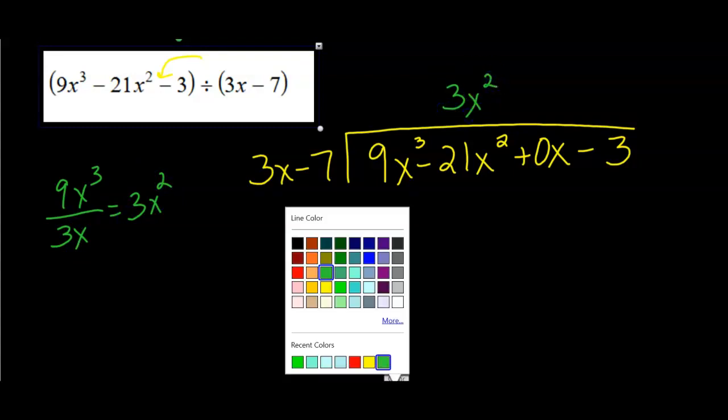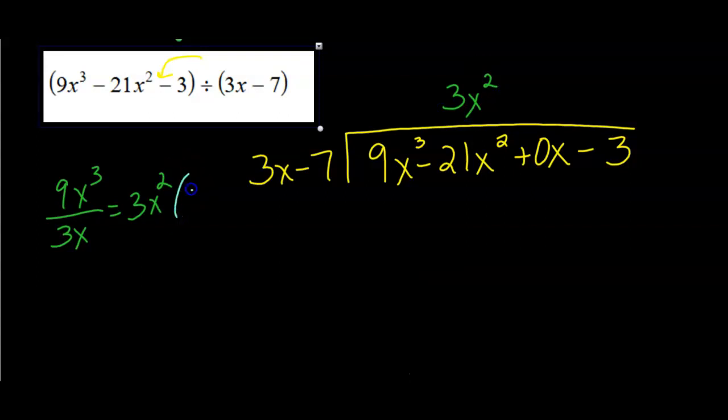So I divide. The next thing I'm going to do is multiply. So we're always multiplying by this quantity that's out front. And then I'm going to put my answer right here. 3x squared times 3x is 9x cubed. 3x squared times negative 7 is negative 21x squared.